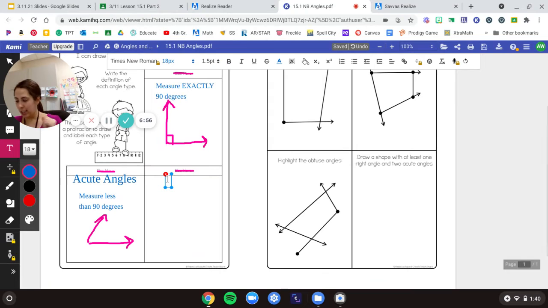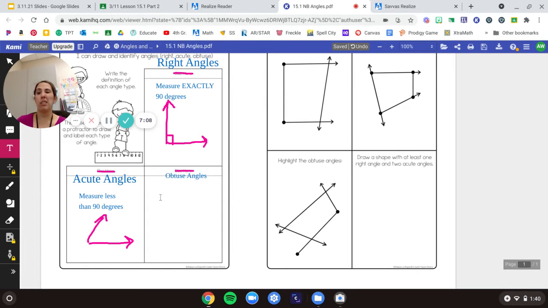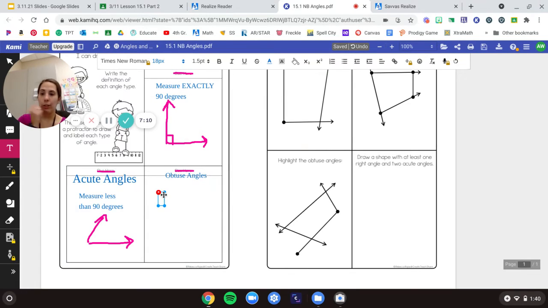Our third type that we talked about was obtuse. Obtuse angles are the exact opposite of acute angles. So acute angles measure less than 90 degrees.